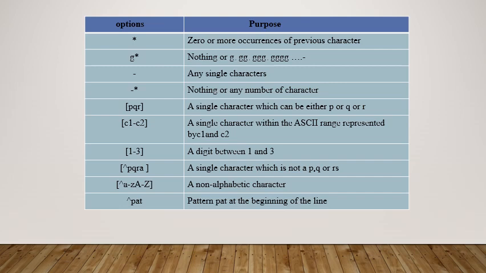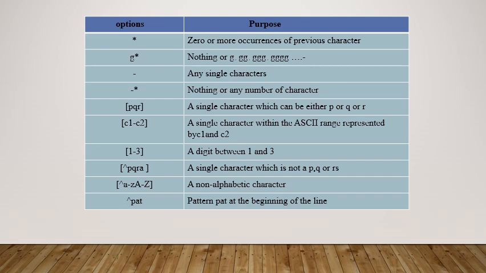Now 1 to 3 enclosed within a square bracket is a digit between 1 and 3. Another option: caret pqr is a single character which is not p, q or r.